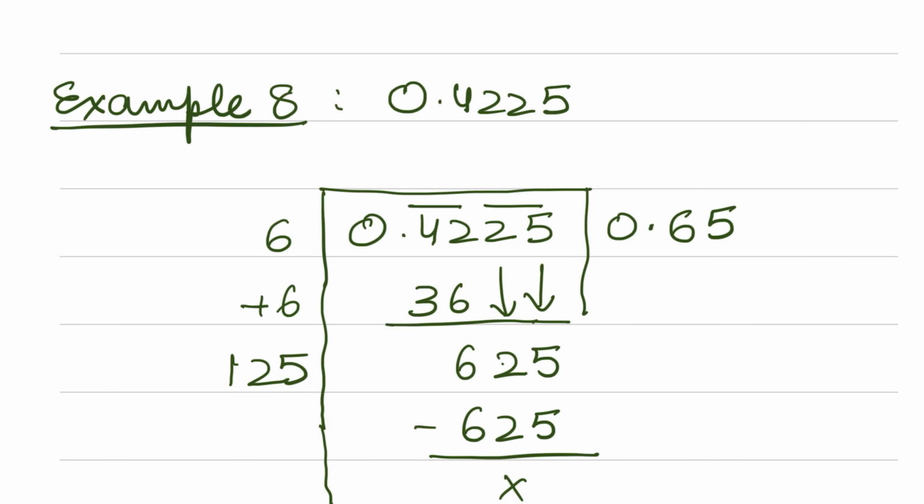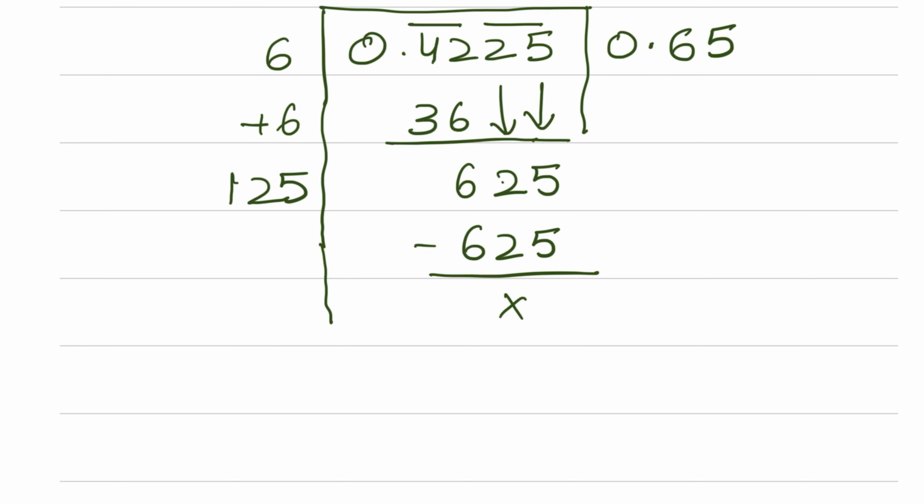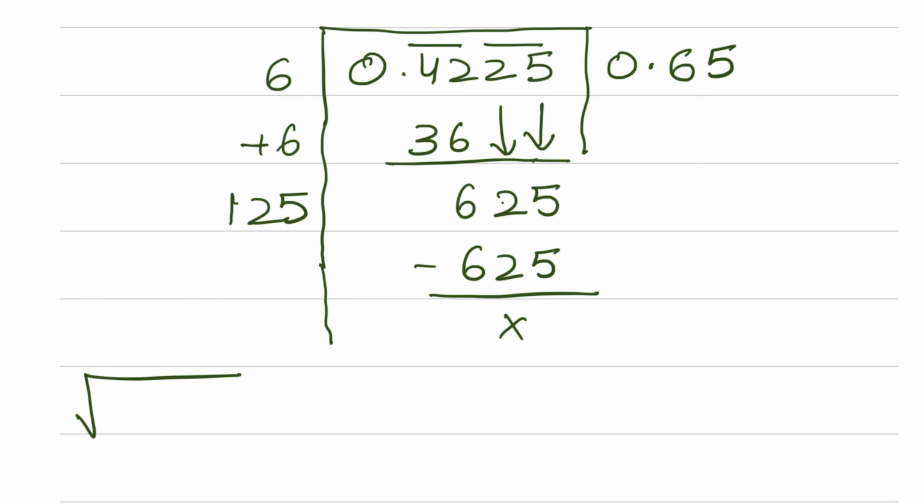So we were getting 6.5 because of the decimal point, and here we are getting this. So I can write down square root of 0.4225 is equal to 0.65.